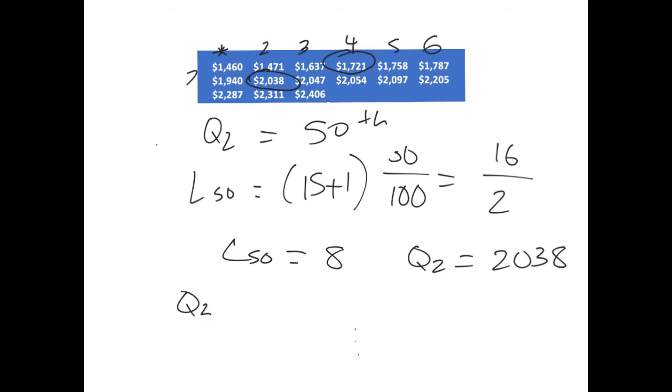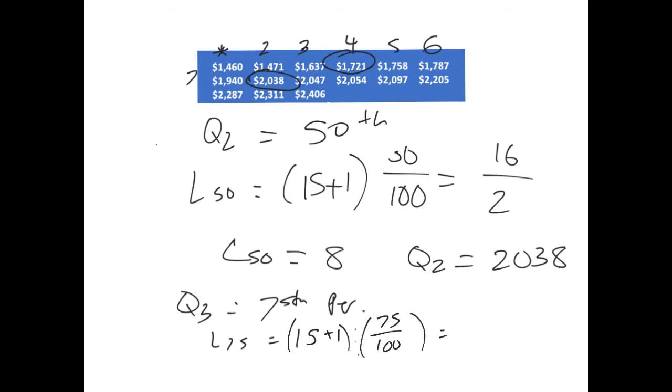Next, let's find quartile 3, which is the 75th percentile. L of 75 is 15 plus 1 times 75 over 100, which is equal to 12. So the 12th observation in this data set is the third quartile. So we have 8, 9, 10, 11, 12.